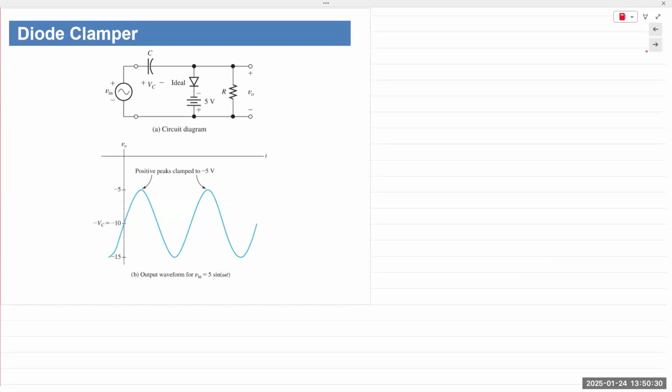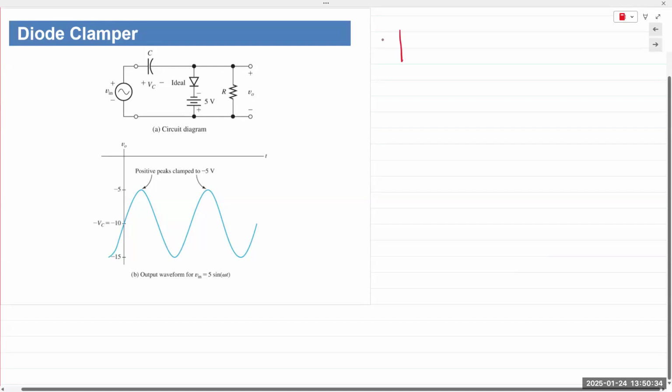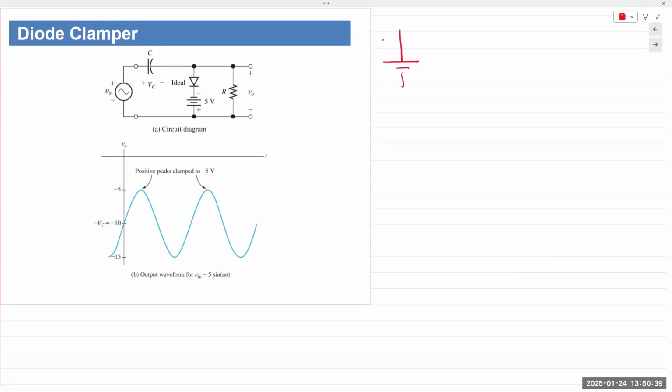Okay, diode clamper. Let's go into this circuit without anything. So the positive half cycle circuit looks like this. I'm going to ignore the battery for now, okay? Ignore the battery.